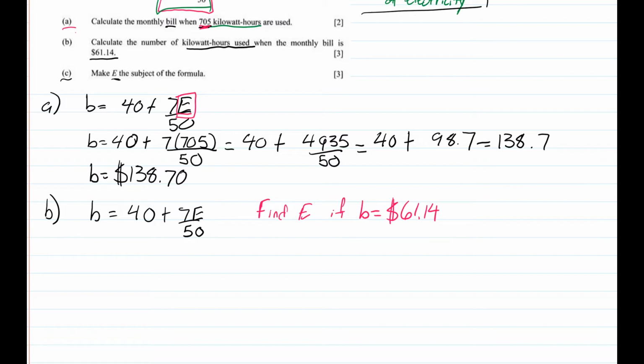The way that I would approach this is I would actually do part C first to make my life easier. Let's make E the subject of the formula, and then we can just plug in B, and it'll all be simple, and we get 3 points there, 3 points there, we get 6 points, basically easy.